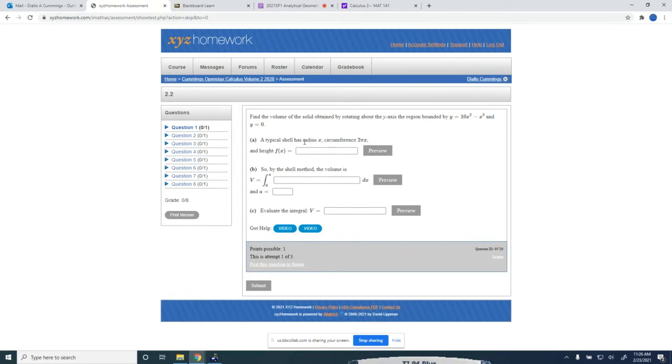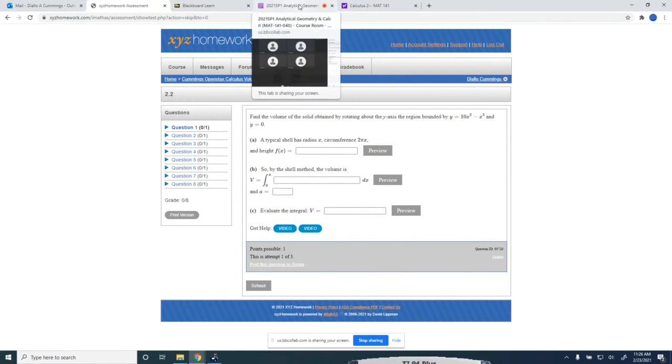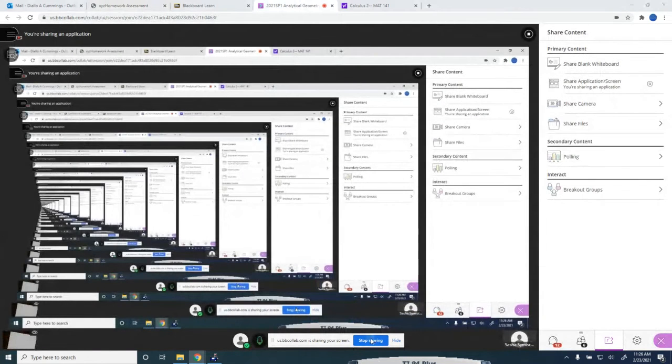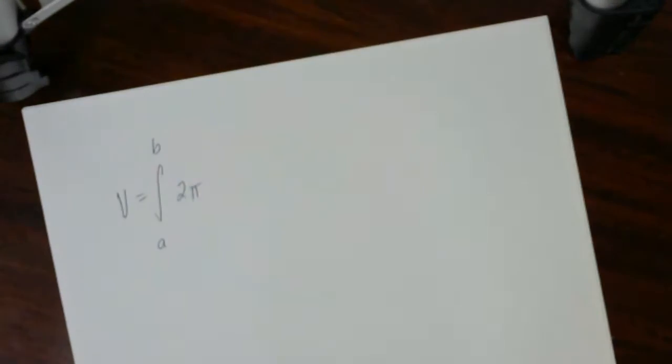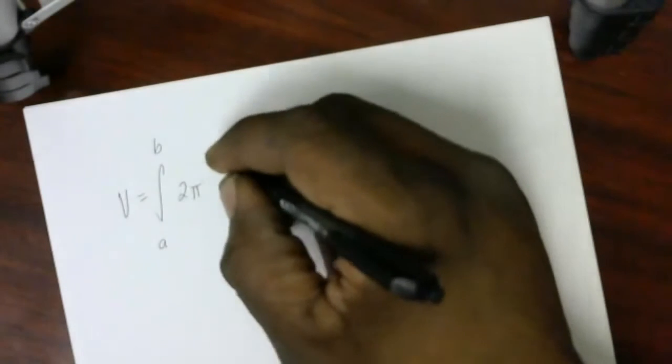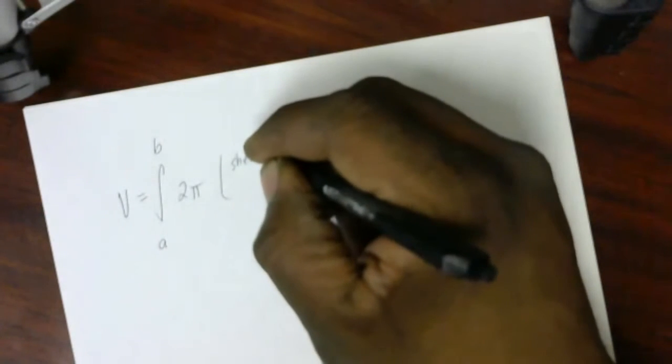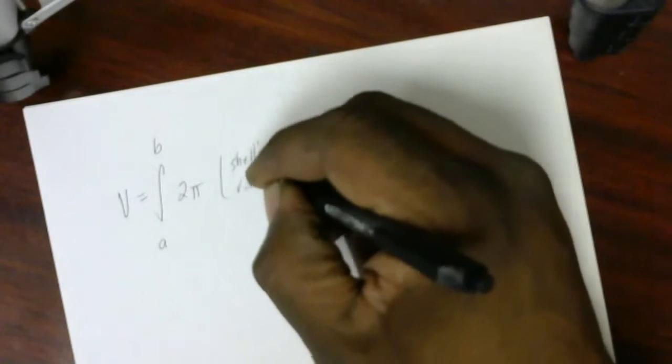So remember that the shell method was: the volume is equal to the integral from a to b of 2 pi times the shell's radius, times the shell's height, dx.